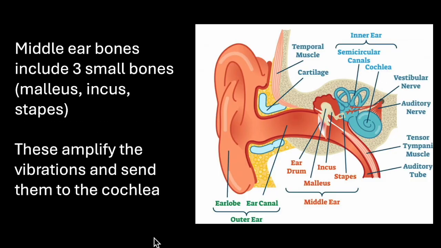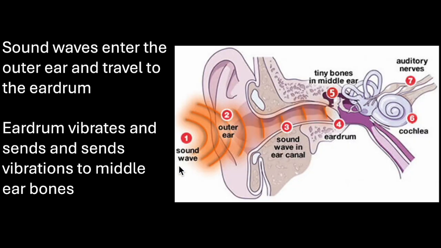So we're going from sound waves entering the ear, to vibrations in the eardrum being sent to the tiny ear bones, sending those vibrations to the cochlea, and here is where your electric signals are sent to the auditory nerves. So, a lot of passing on of waves.